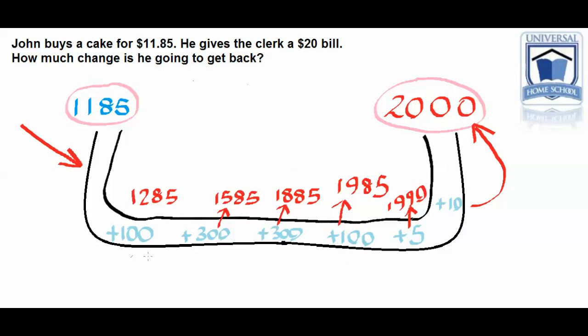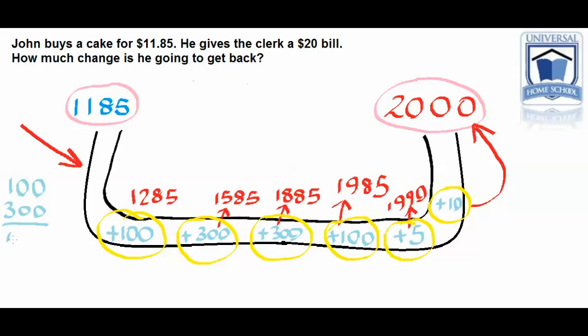Okay? So all those amounts in light blue, I'm going to add up. I'm going to circle them in yellow. 100, 300, 300, 100, 5, and 10. I'm going to add all of these up, and that will give me the change. So first of all, 100 plus 300, and we're going to add them two at a time.